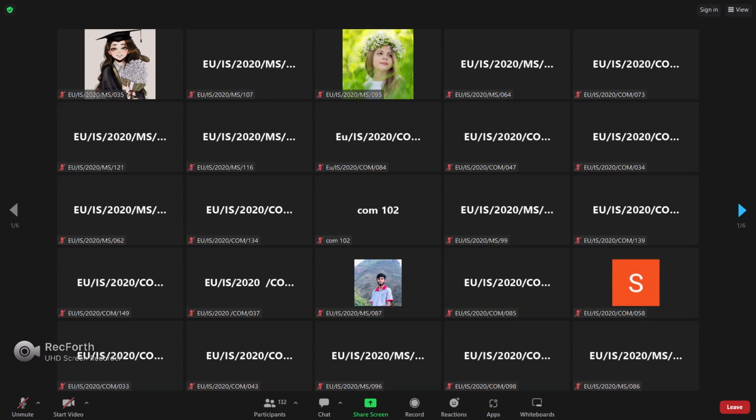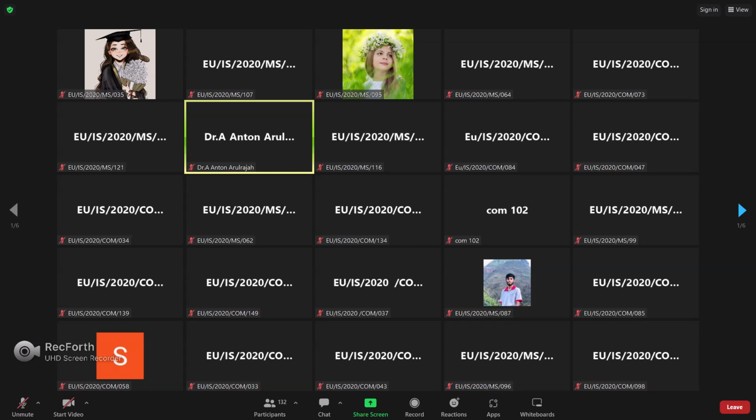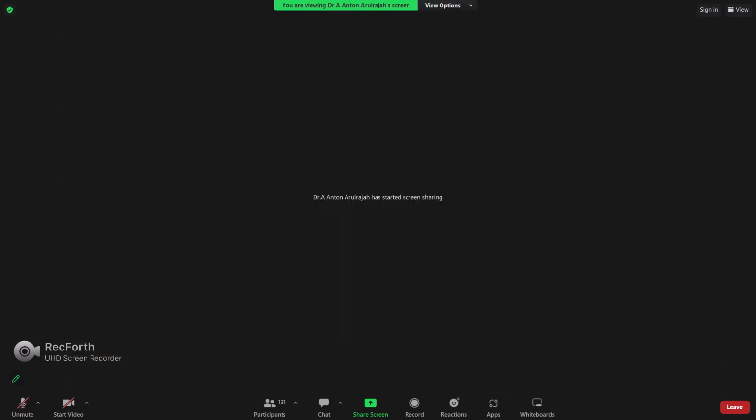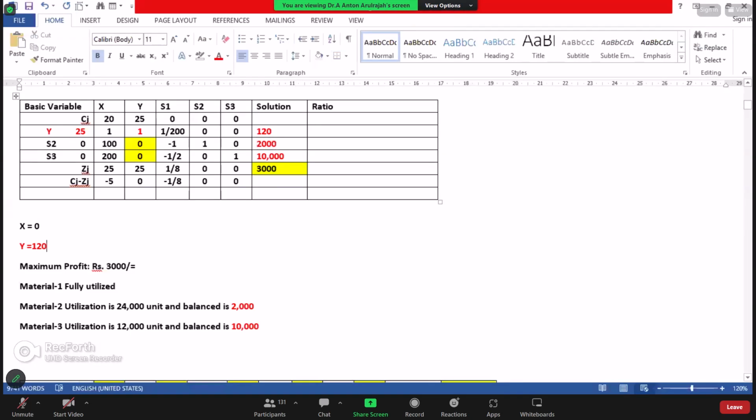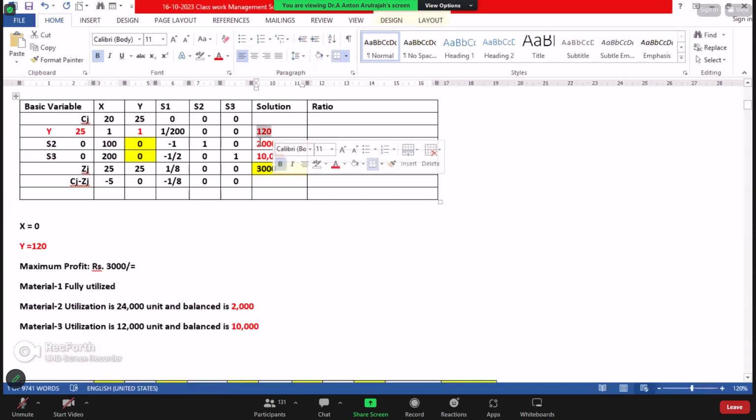You can see here because 100 is used to represent material 3, that is balance 10,000. This 2 is used to represent material 2, that is balance 2,000. Here, this solution column shows the produced quantity and this balance quantity.